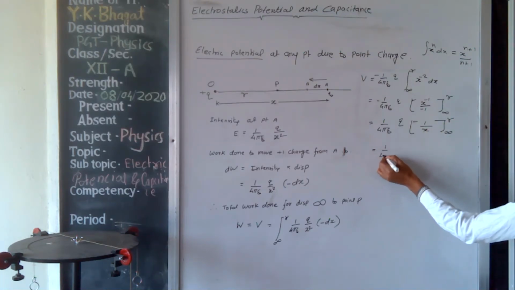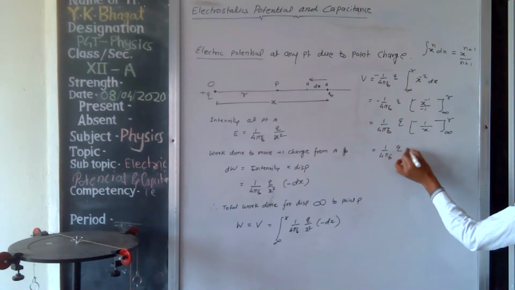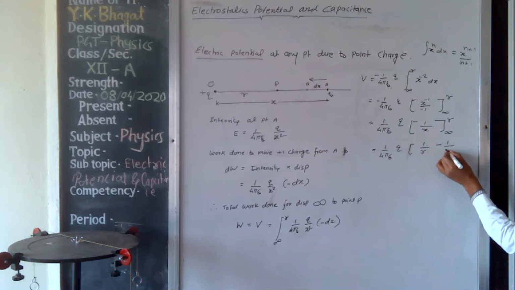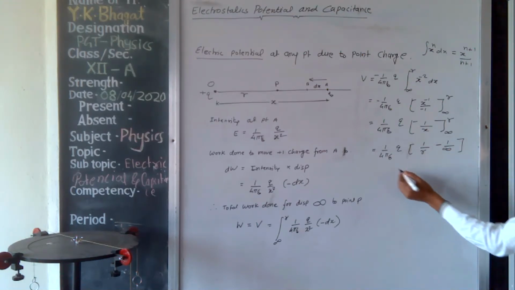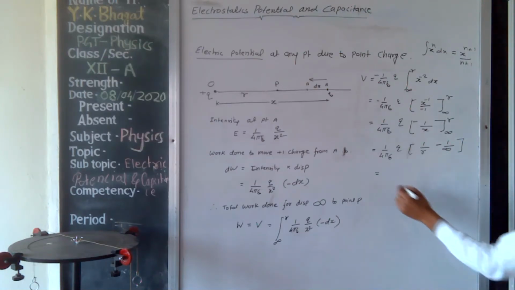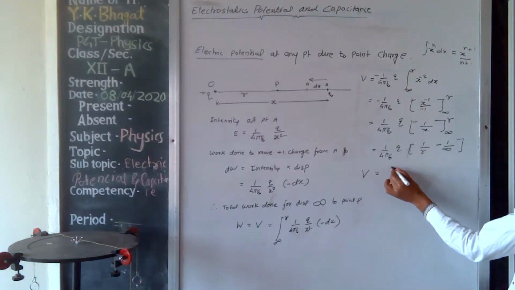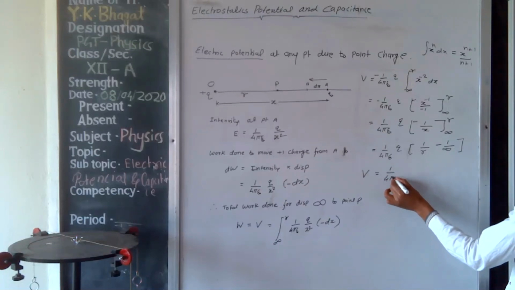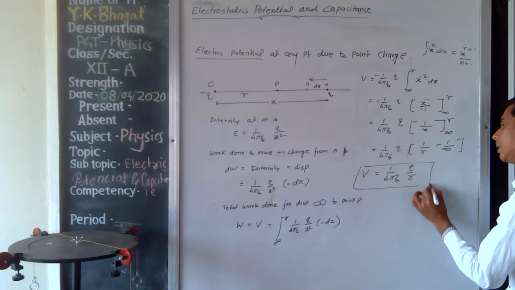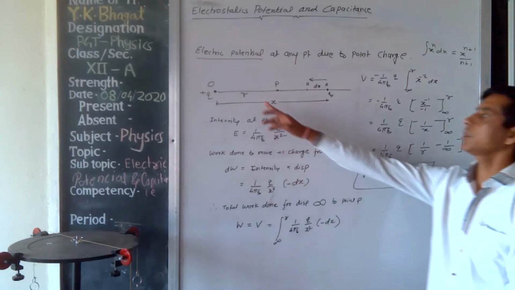By putting the lower and upper limits, we get 1 upon upper limit r minus 1 upon lower limit infinity, and we know that 1 upon infinity is 0. Then finally we get potential 1 upon 4 pi epsilon naught q upon r. It is the potential due to a point charge at distance r.